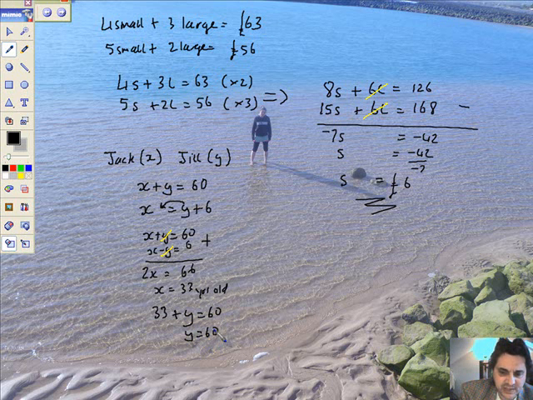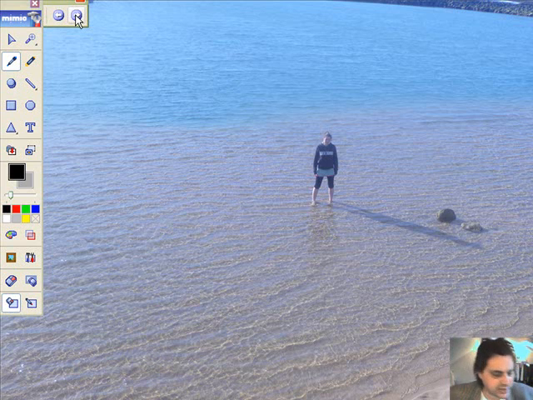So Jill is going to be 60 minus Jack's 33. 60 take away 33 is 27. As you can see, there's 6 years between them. Jill's 27, Jack's 33, and I've answered that question for you. Alright, that's Jack and Jill going up the hill comparing their ages.